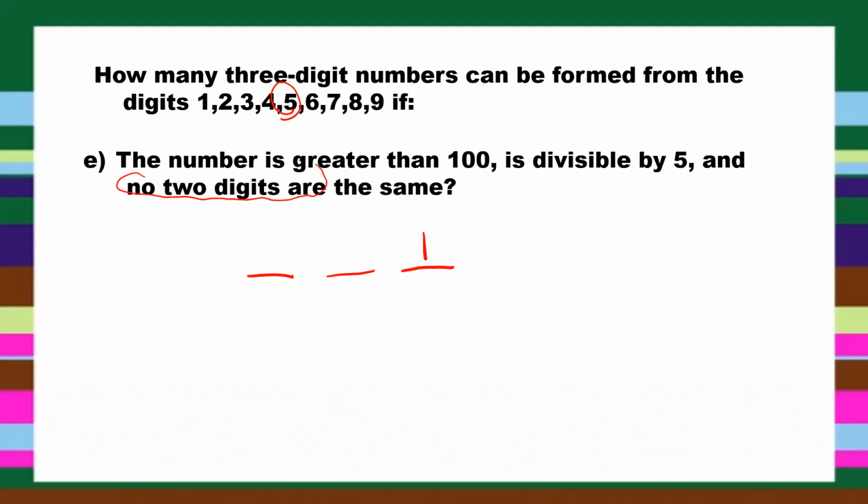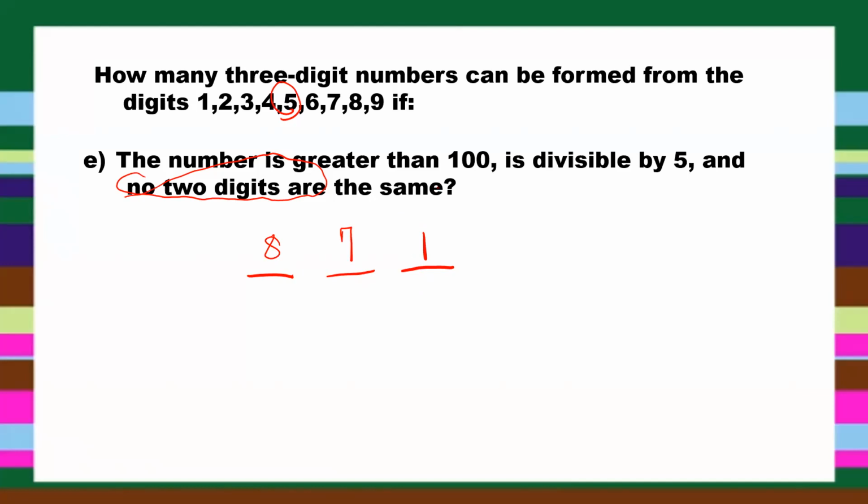So instead of 9 choices, we only have 8 choices now. For the first digit, we only have 8 choices. For the second digit, 7 choices. And for the last digit, only 1 choice.